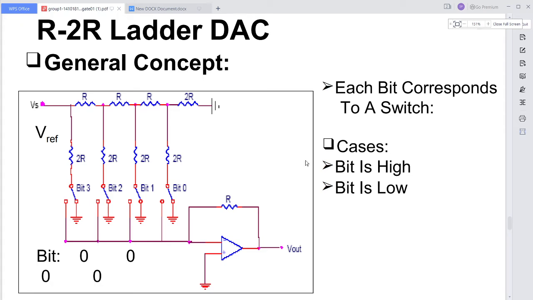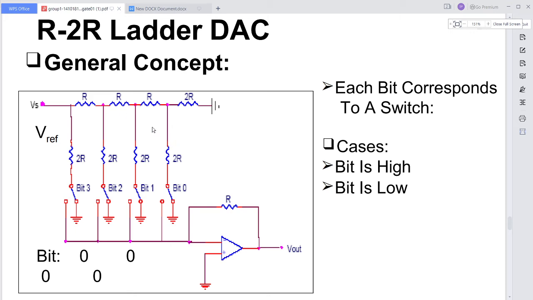In the typical R to 2R DAC, 2R in parallel with 2R is equivalent to R, which is in series with the next R. See this one, the two 2R are both in parallel, and this equivalent resistance is in series with this one, so that we can simplify this.